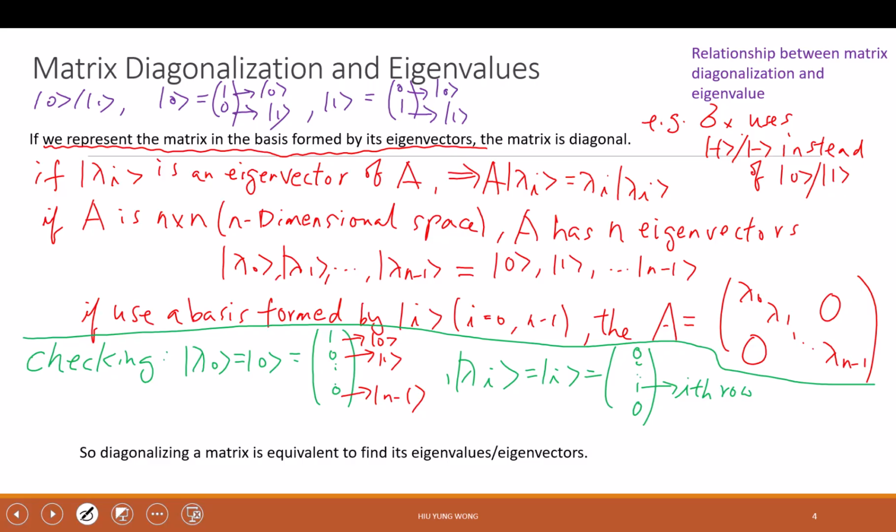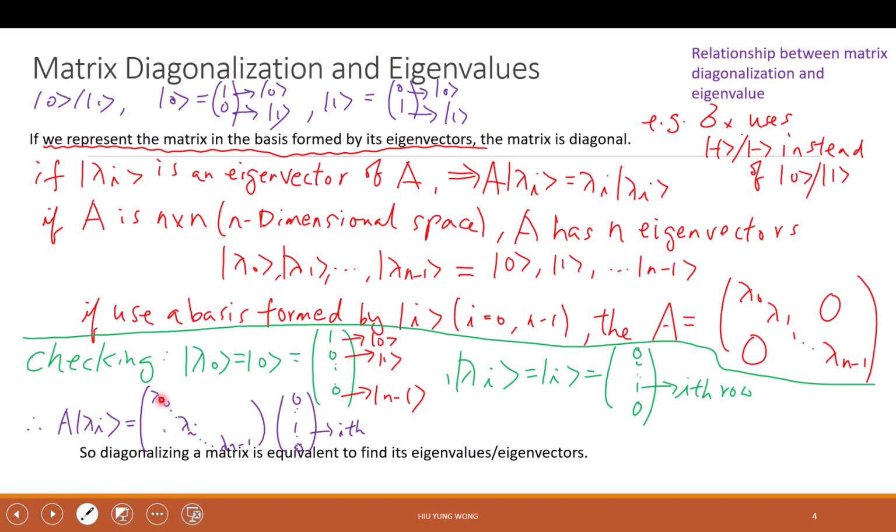So now, because of this, let me quickly show that A times lambda I is nothing but, because it's diagonal now, lambda 0 all the way to lambda I, and all the way to lambda n minus 1, the whole thing times a column of 0s, and then at the ith row, I have 1. Again, this is the ith row.